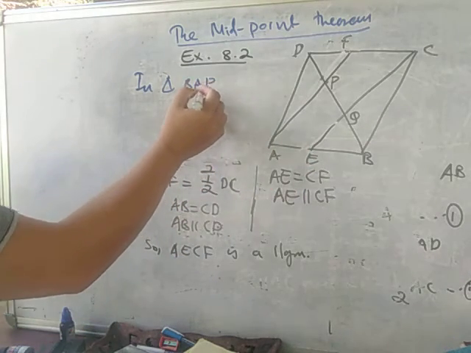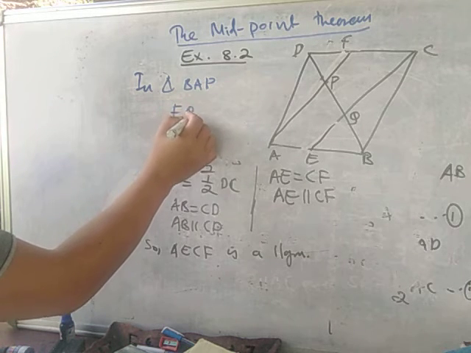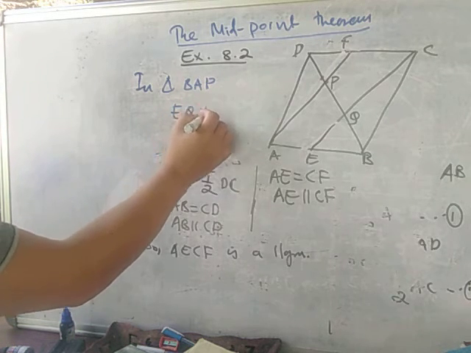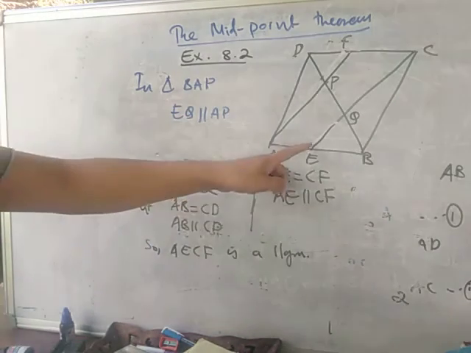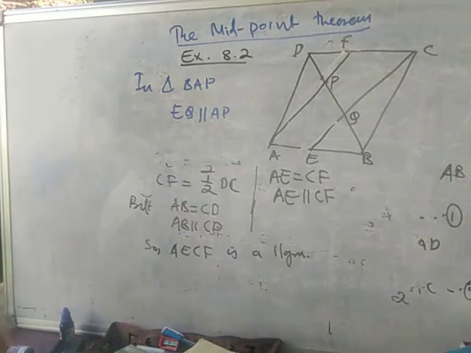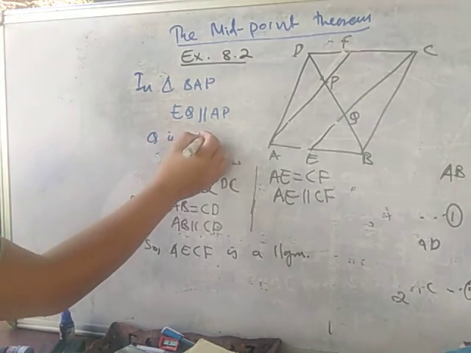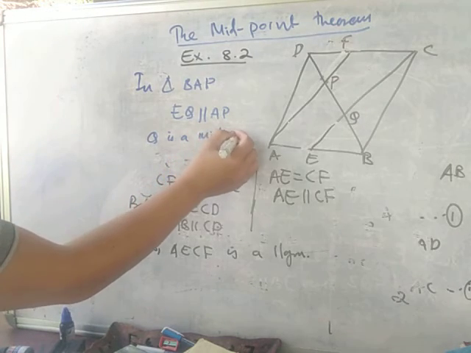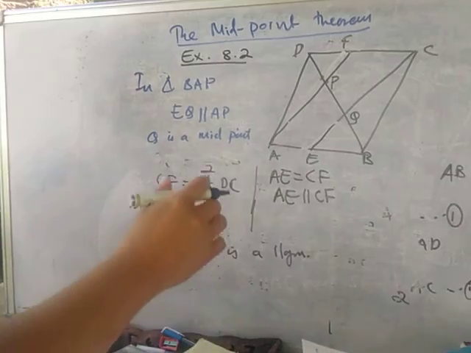So we get EQ parallel to AP. These two are parallel to each other. So Q is a midpoint of PB.